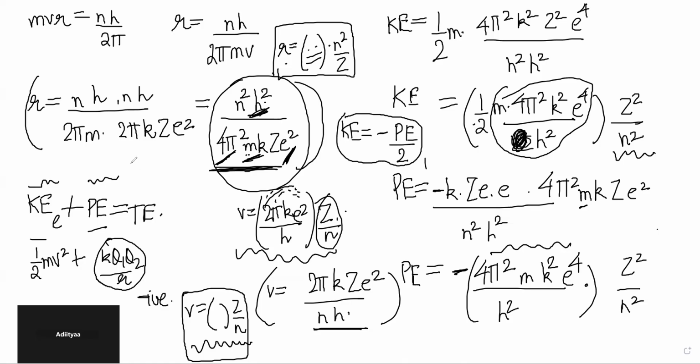So total energy is becoming, if potential energy is negative 2 times kinetic energy, total energy is the negative of kinetic energy, okay? Do you understand what I'm saying? So total energy is the negative of kinetic energy, and kinetic energy is always positive. So total energy will come out to be always negative, right?